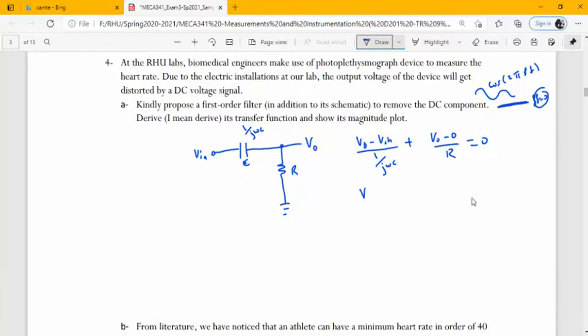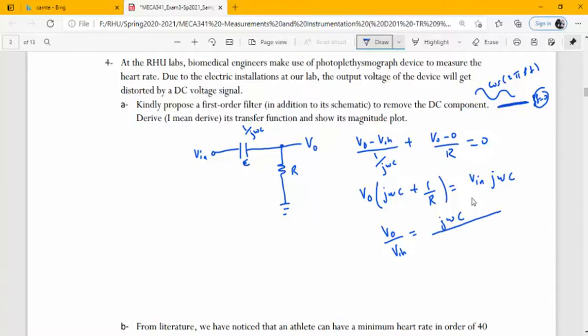So we have V0 times j omega C plus 1 over R. We bring Vin to the other side, times j omega C. So V0, the transfer function is given by V0 over Vin, which is equal to j omega C over j omega C plus 1 over R. We may write s, the Laplace variable, instead of j omega.